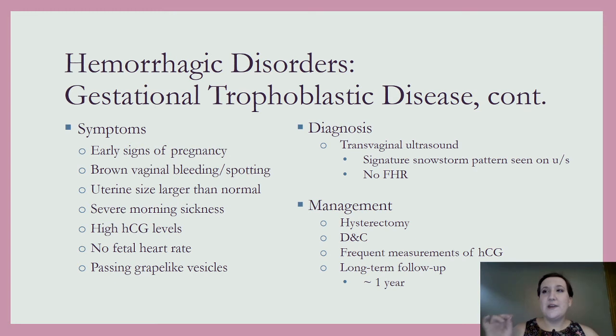So we're going to do weekly serum levels until that HCG level drops to 0, and then we'll repeat at intervals throughout the year. Again, we're trying to make sure that every bit of that residual trophoblastic disease is gone.